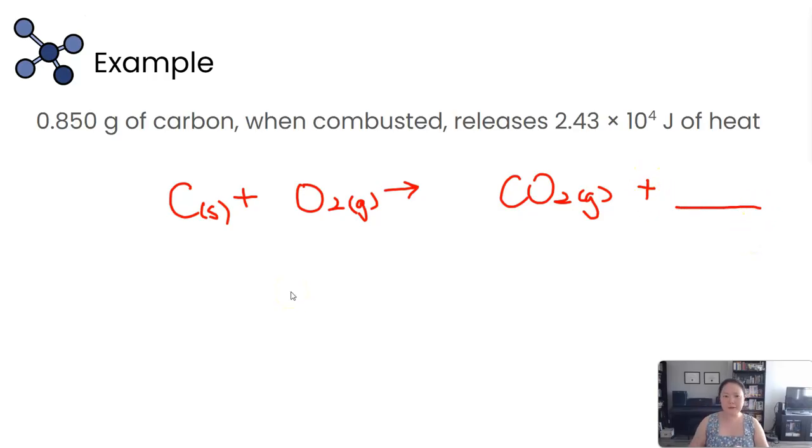So if that didn't make a lot of sense, let's look at it this way. Let's say that your reactants had this much energy and your products had that much energy. In a thermochemical equation, you are going to be balancing all of the elements themselves, but you also have to balance the energy. So the energy on both sides has to be equal to each other.